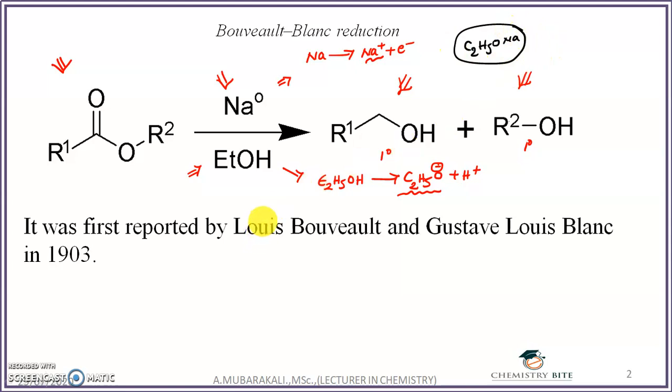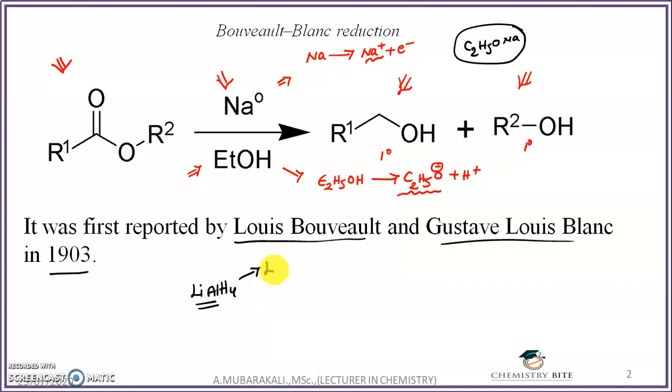This Bouveault-Blanc reduction reaction was proposed by Louis Bouveault and Gustave Louis Blanc in 1903. Nowadays we are not using this reaction. Instead of using sodium in the presence of ethyl alcohol, we directly use a metal hydride reducing agent called lithium aluminum hydride.